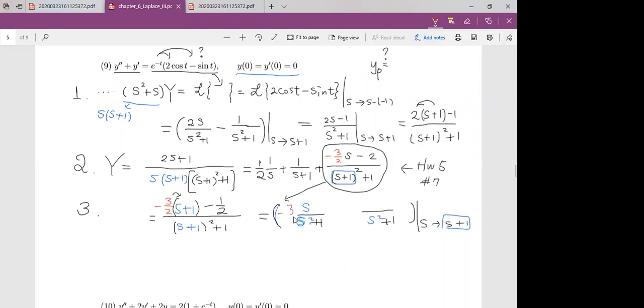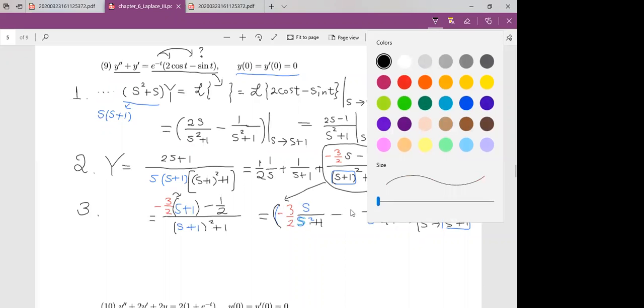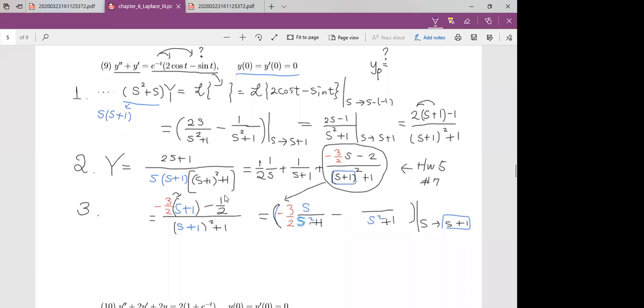Negative 3 over 2. Good. And then we split this into 2 pieces. First part, minus half. Probably let me use color again, purple. This is now 1/2 here. Good. Then 1. So we are done.